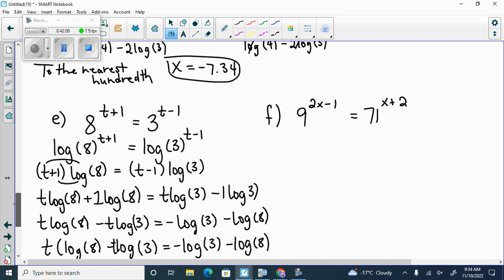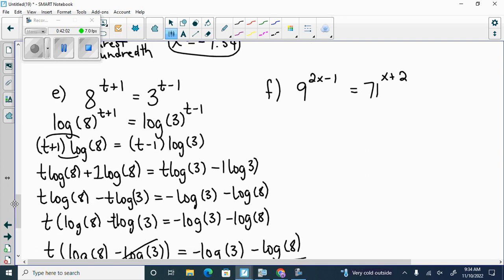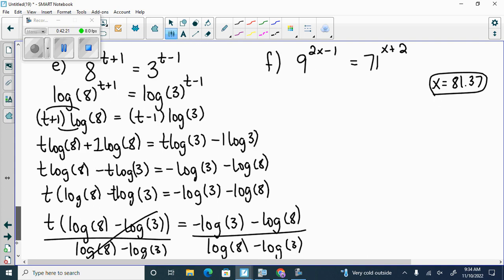Did anyone do it? You guys do B yet? What did you get? 81.3. You should get that for B. Due to time crunching, C, try this one.